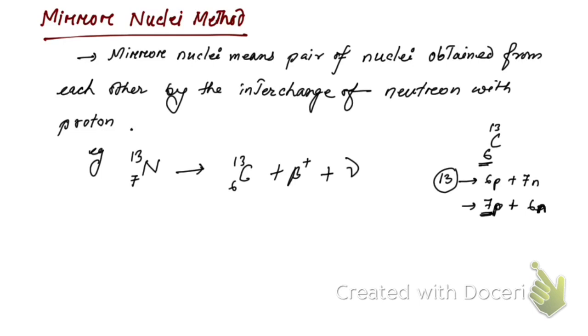If the number of protons is 7, then it must be a nitrogen nucleus, N 13 with 7 protons.